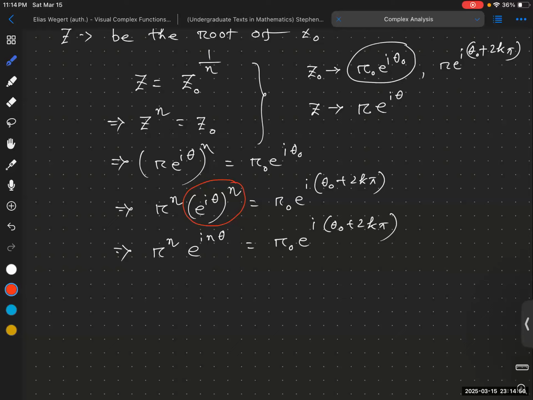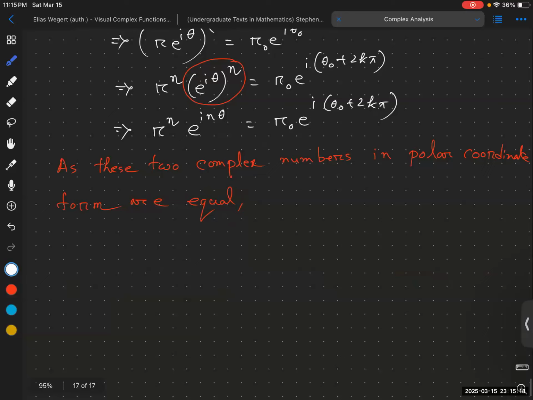If two complex numbers in polar coordinate form are equal, obviously their moduli will be equal.